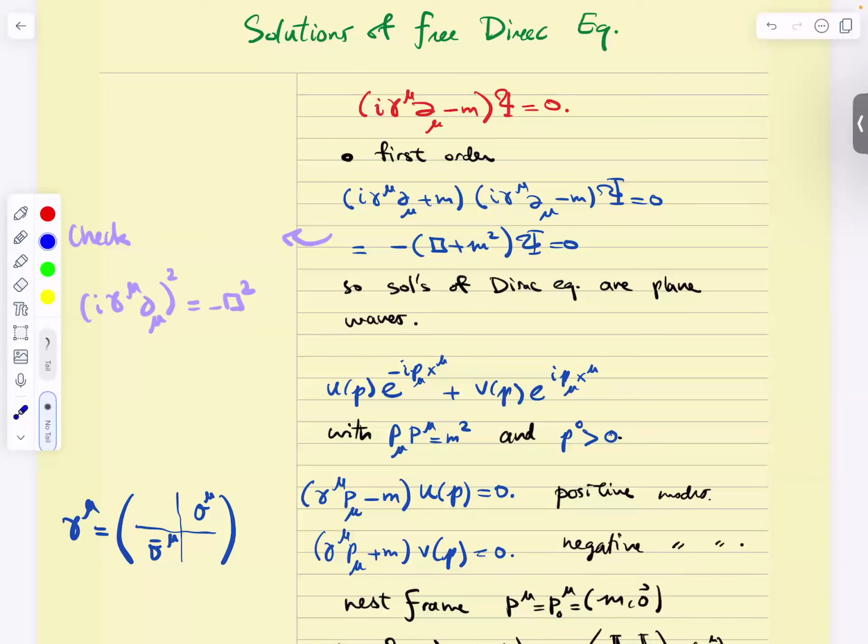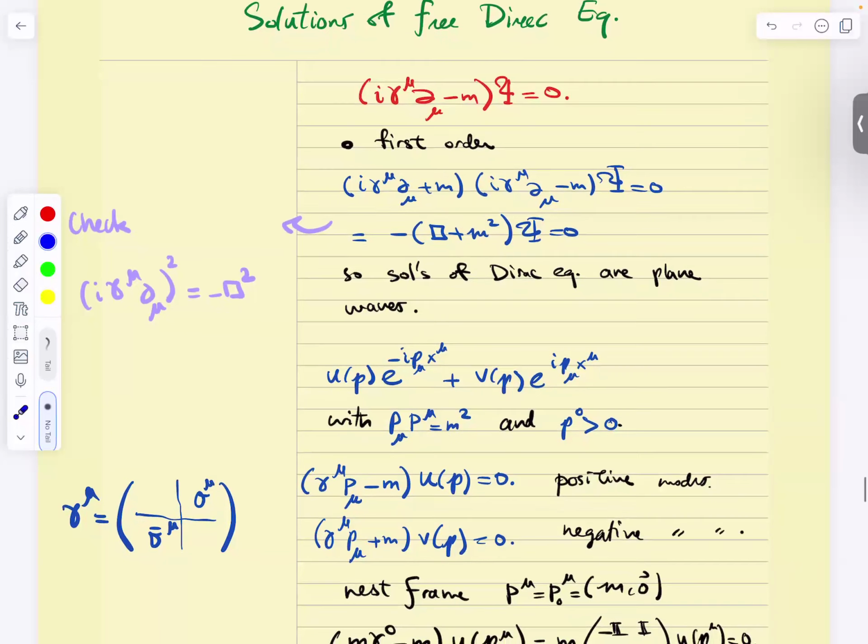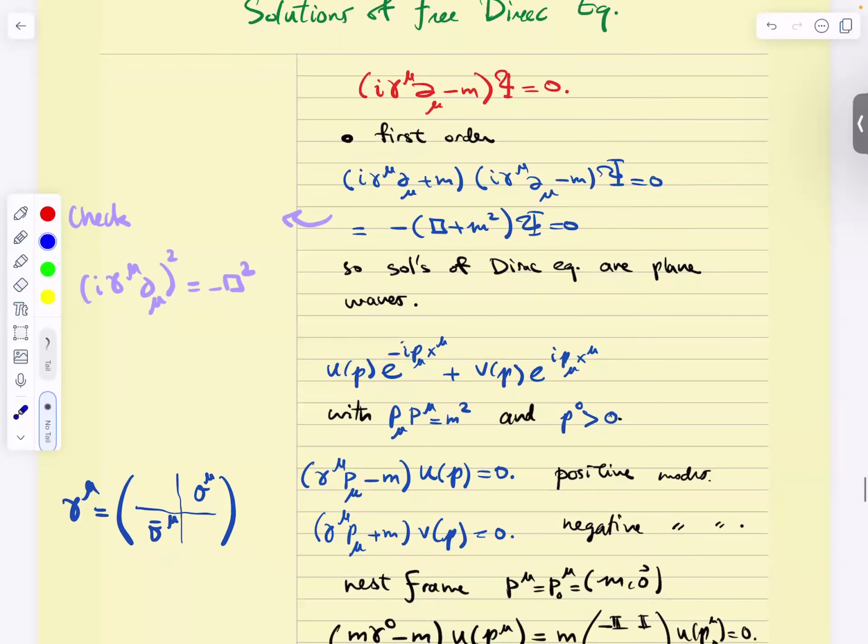These are called negative modes. And hopefully remember that these each have 2 complex functions' worth of degrees of freedom. I can write them in four-vector notation, but they have 2 complex functions in them. So we'll go through that.